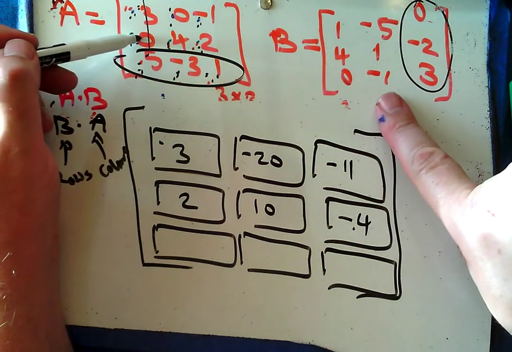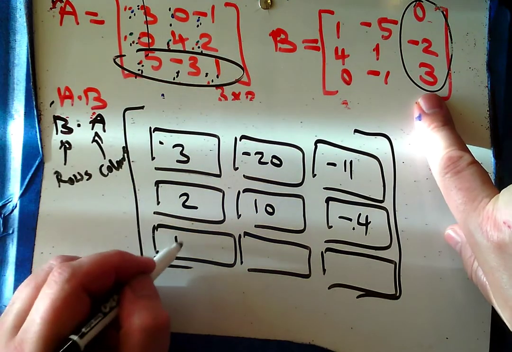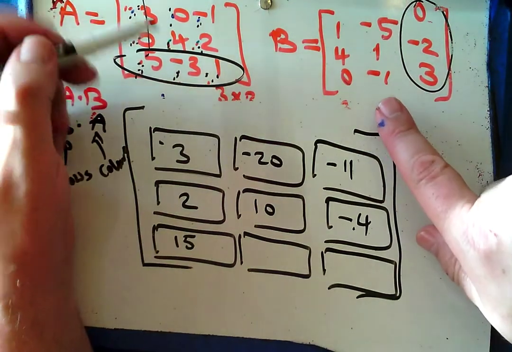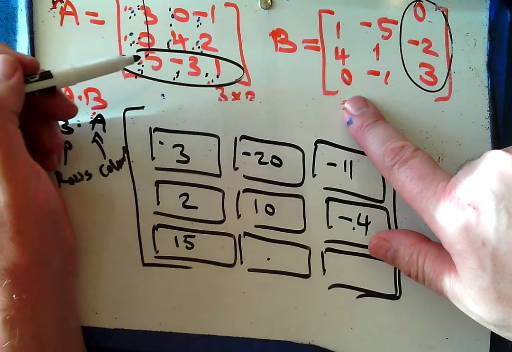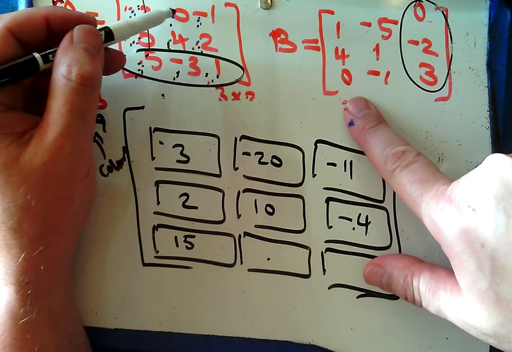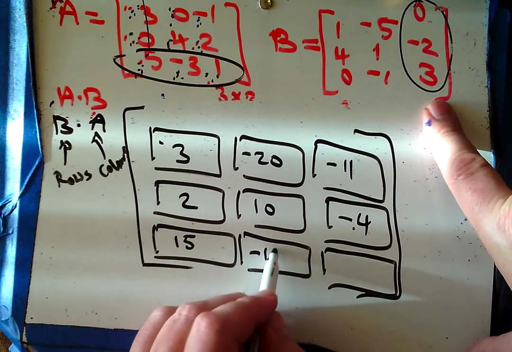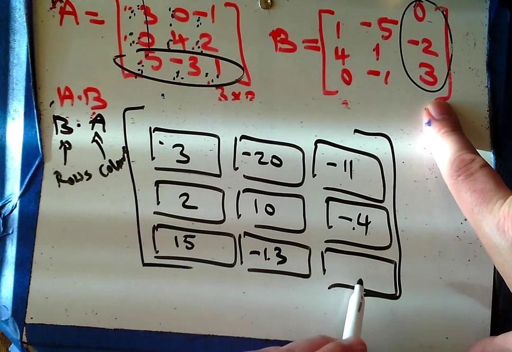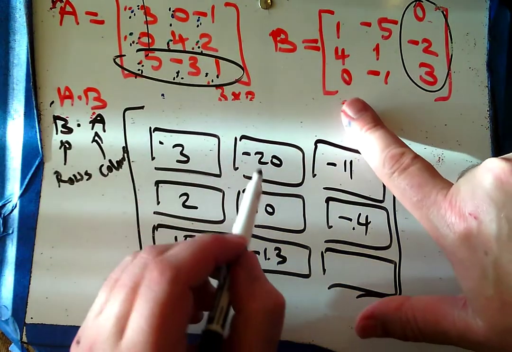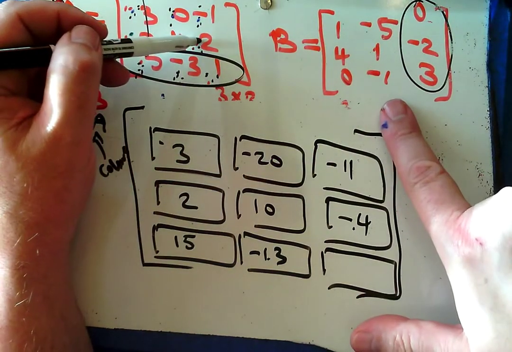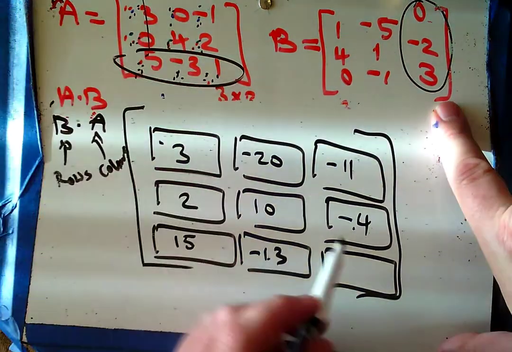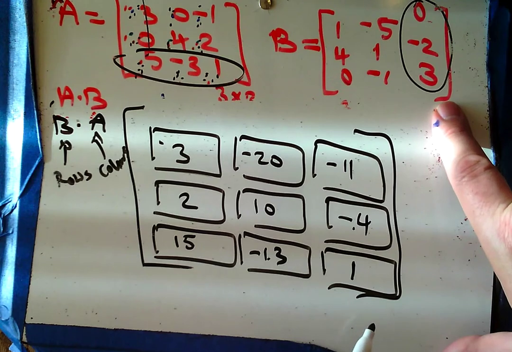I get 0 plus 0 plus 15. And then to fill in this cell, I'm still in the bottom row, but now I've got the second column. 0 minus 4 minus 9 is minus 13. And finally, bottom row, third column, I've got 0 minus 2 plus 3 is positive 1.